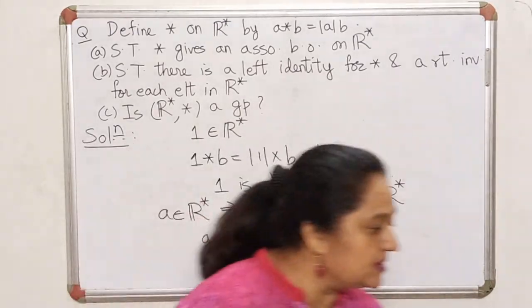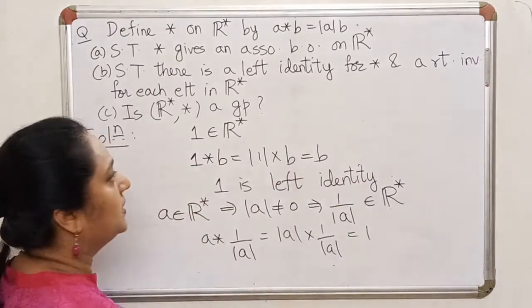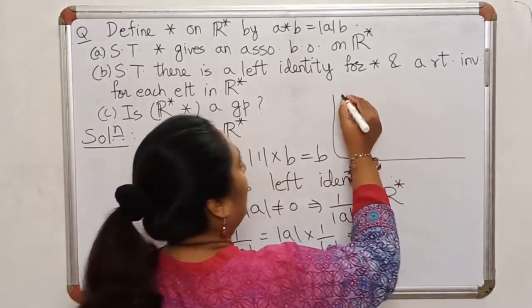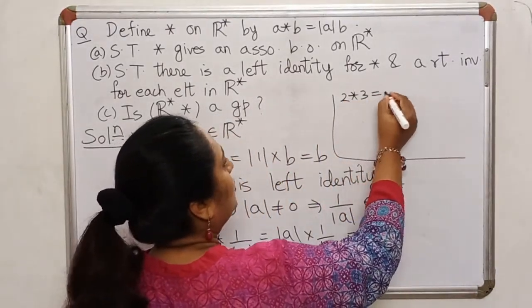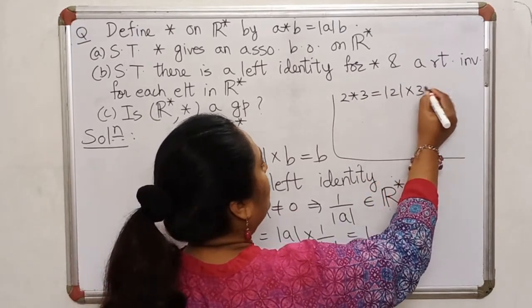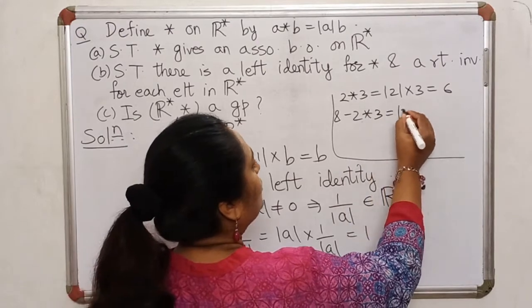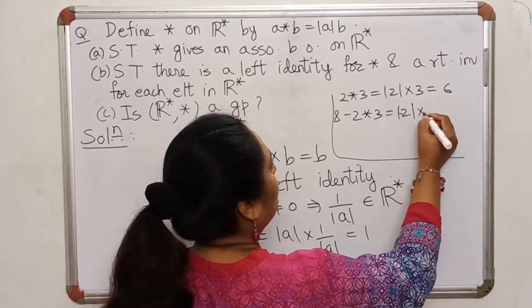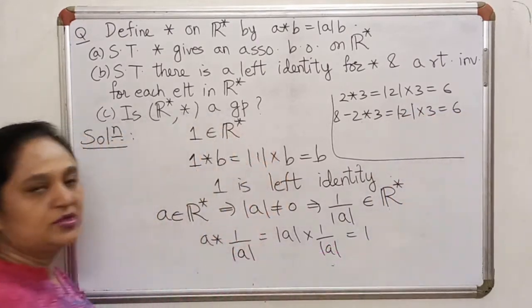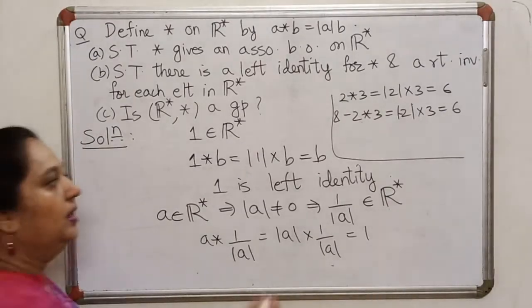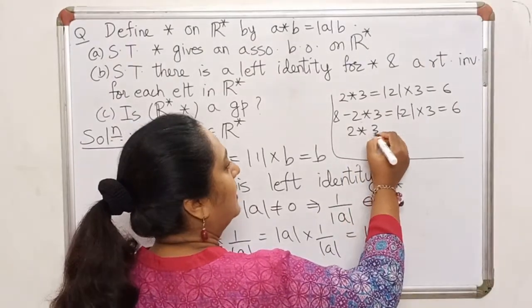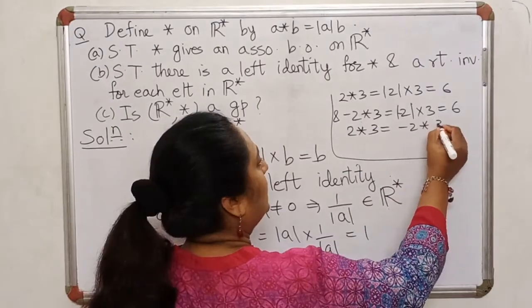Now the question is, does this become a group? And the answer is no, because look at 2 star 3. 2 star 3 is modulus of 2 into 3, which is 6, and minus 2 star 3 is also modulus of minus 2 into 3, which is also equal to 6. So 2 star 3 is the same as minus 2 star 3.